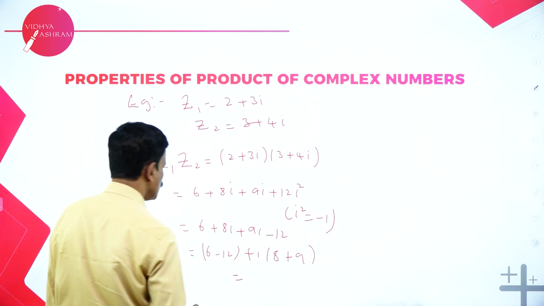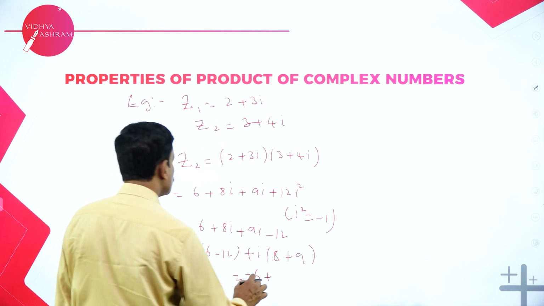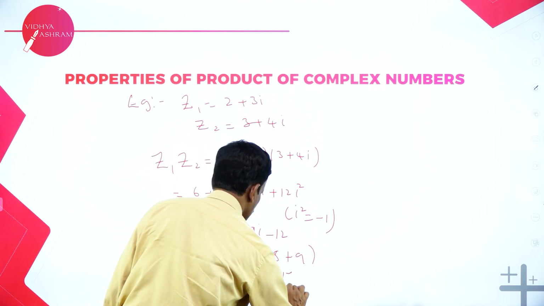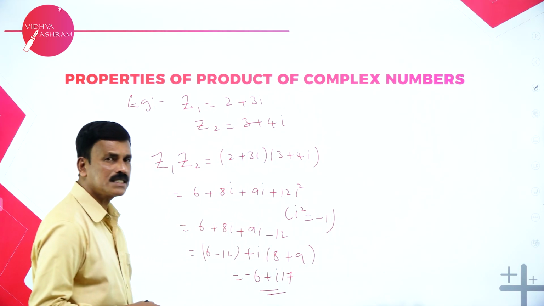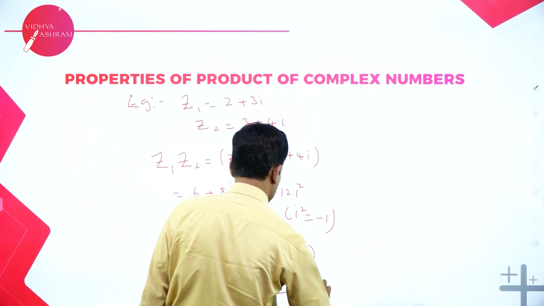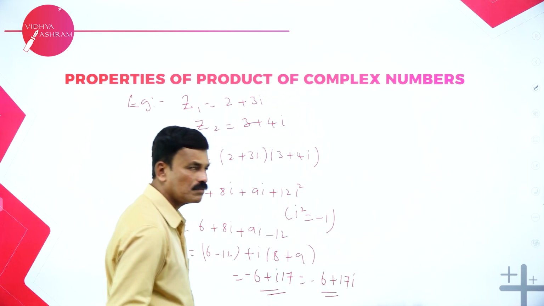What is this equal to? 6 minus 12 is minus 6, plus i into 8 plus 9, which is 17. So minus 6 plus i into 17 is a complex number, or if you want you can also write it like this, minus 6 plus 17i is a complex number.